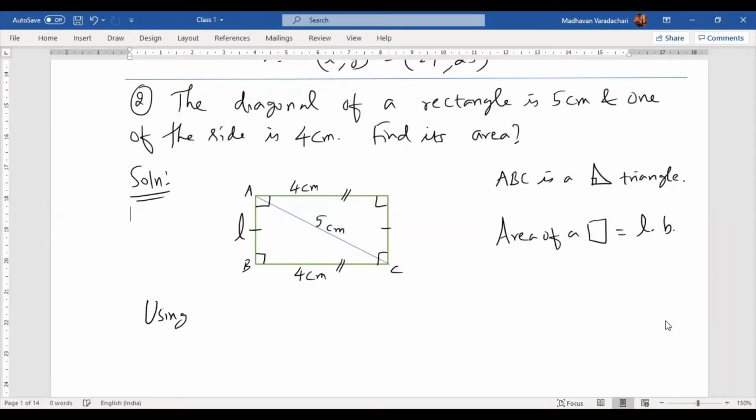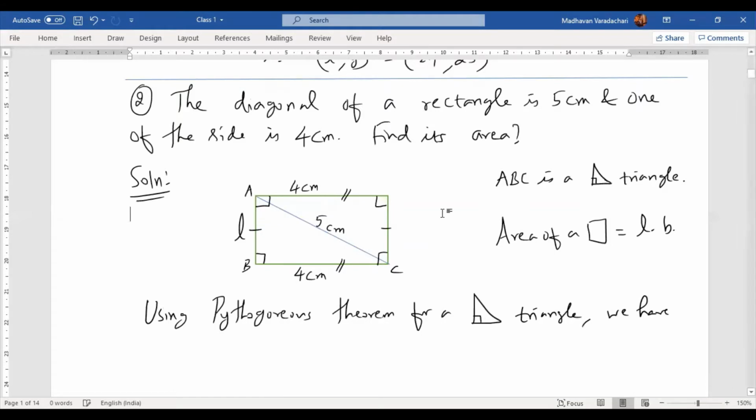Using Pythagoras theorem for a right angled triangle, we have the hypotenuse. Here the hypotenuse for this ABC is AC.